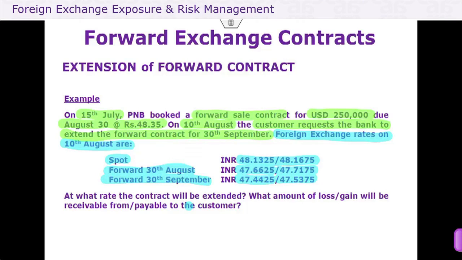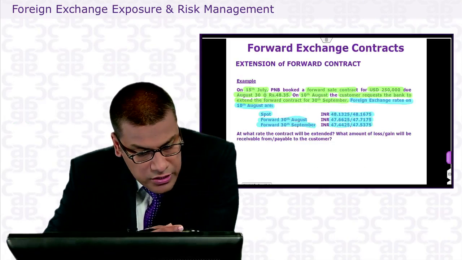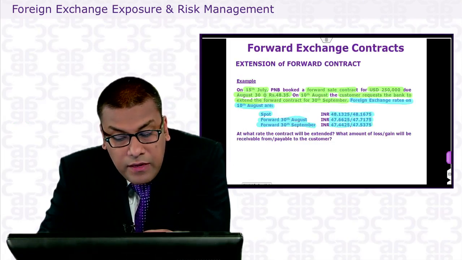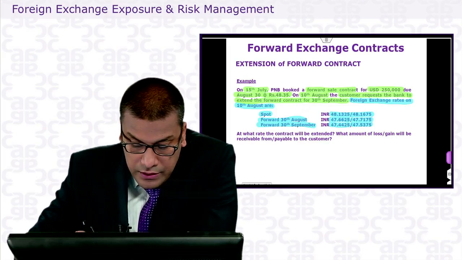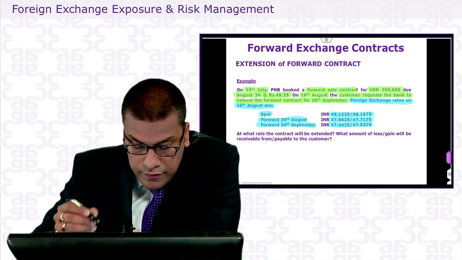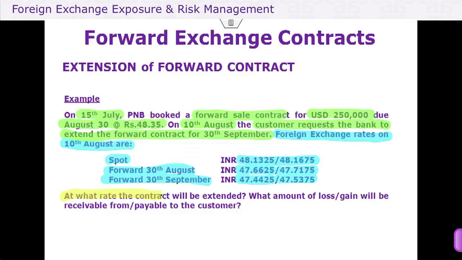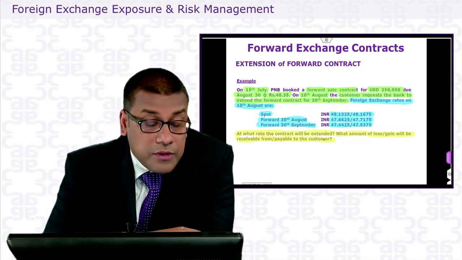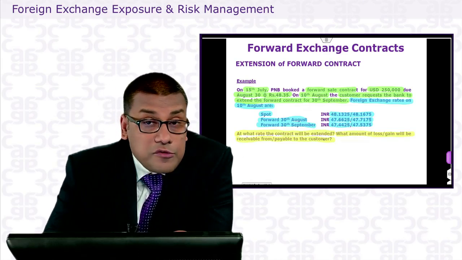Okay, so these rates are at discount, and this question simply asks at what rate the contract will be extended, and what amount of gain or loss would be taken from or given to the customer. So if there is a loss, it is taken from the customer. If there is a gain, then it is paid to the customer.